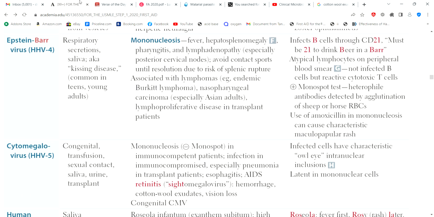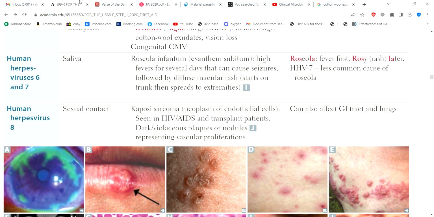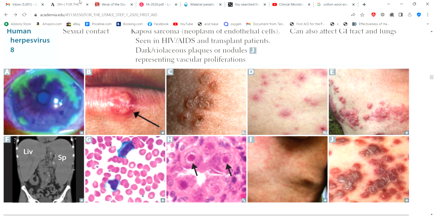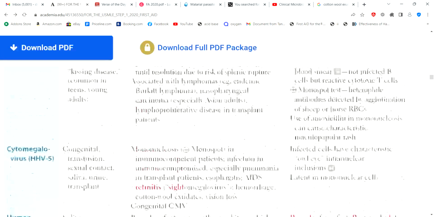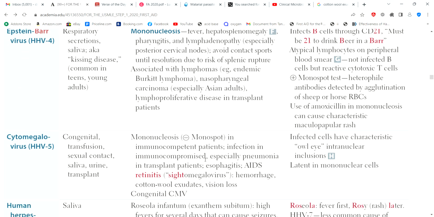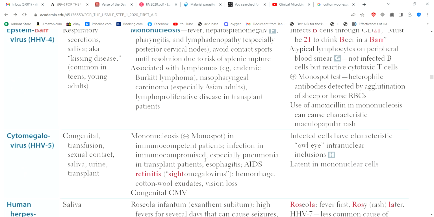Infected cells have characteristic owl's eye intranuclear inclusions, like seen in figure H, right here. Intranuclear owl's eye inclusions. So that is CMV, okay? Don't forget that, that's important.